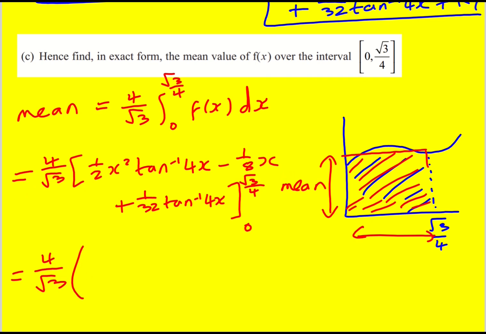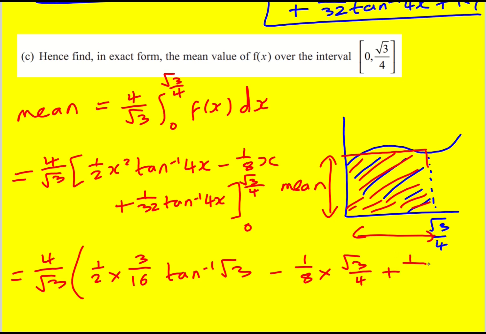Sub in root 3 over 4, we're going to get a half times 3 over 16 times inverse tan of root 3. Then minus 1 over 8 times root 3 over 4 plus 1 over 32 inverse tan of root 3. And then we're going to be minusing when we substitute 0 in. But actually, when you substitute 0 in, you get 0. Inverse tan of 0 is 0. And then 1/8 times 0 is 0. So I don't need any of them. Just close the bracket.